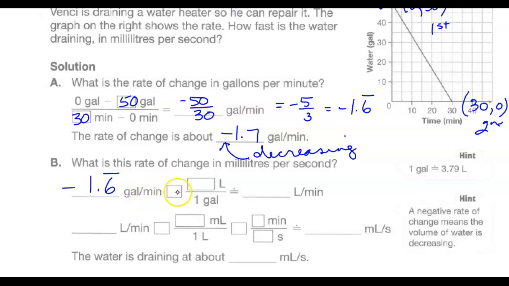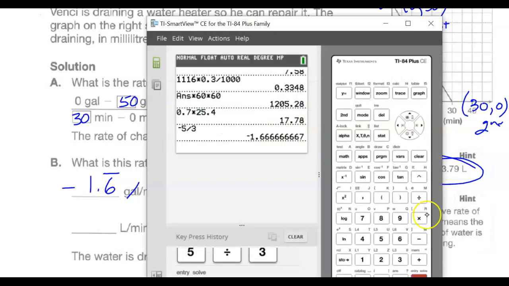Then I want to convert it to liters. So gallons, I've got to multiply by liters per gallon. So there are 3.79 liters in a gallon, it says on the right there. So we've got to multiply so that the gallons divide out, and that will give us liters per minute. So times 3.79.